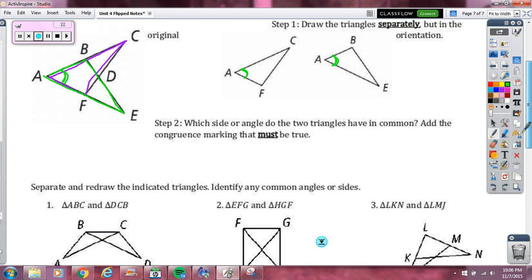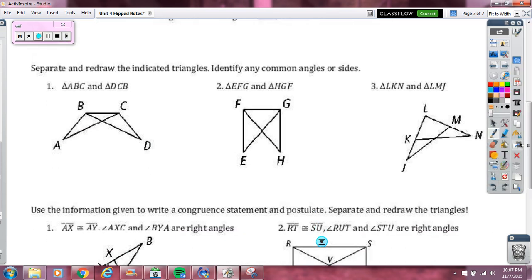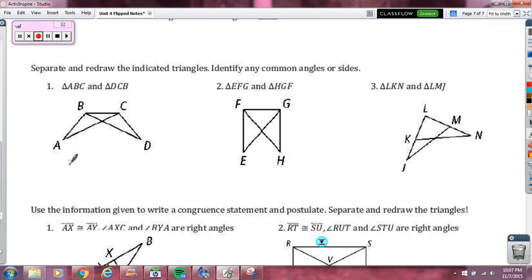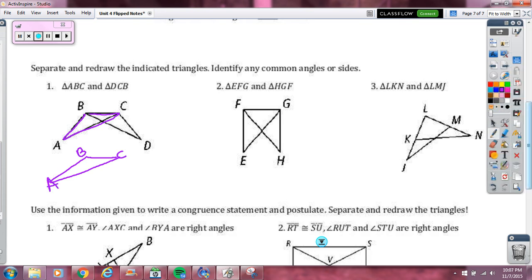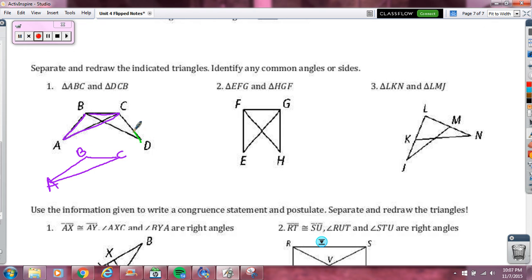Let's practice a few. I'll do number 1 with you, and then I want you to try 2 and 3 alone. Number 3 is going to be a question in the Google Doc that you do. Let's color code. So we've got triangle ABC, which I want to draw out separately from triangle DBC.